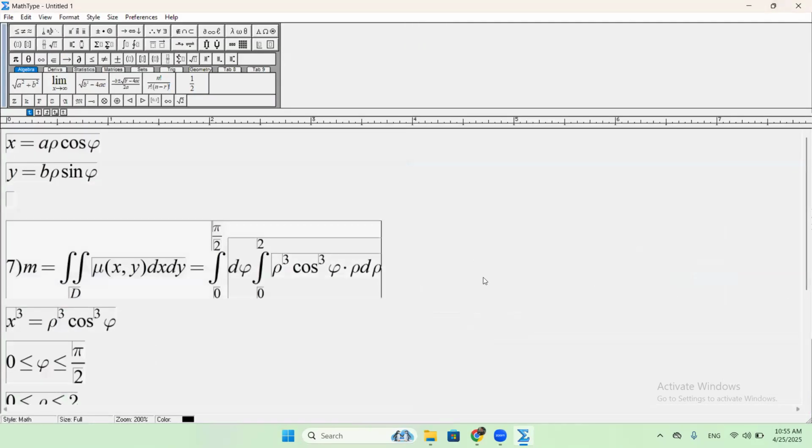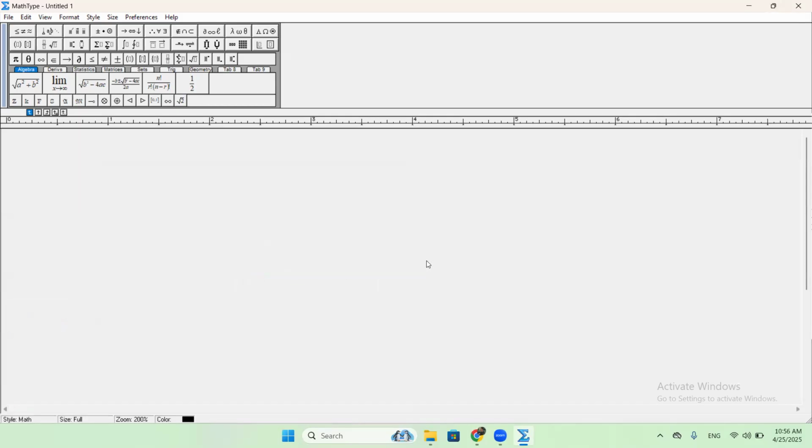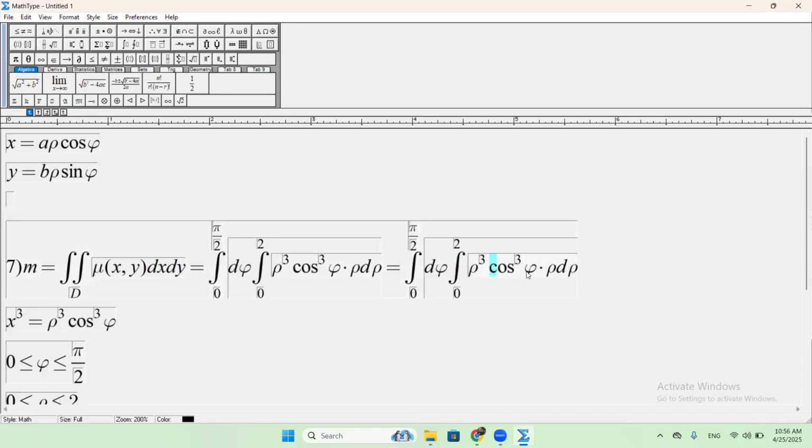Now let's simplify this integral. We can see that this integral can be split into the product of independent integrals. We can move cosine cube phi into the outer integral, and also simplify the inner integral, and just rewrite it as a product.